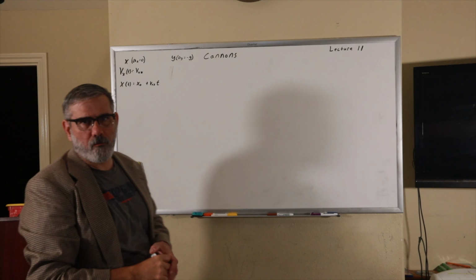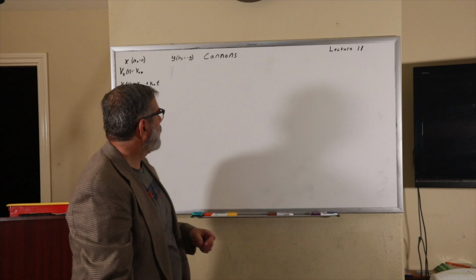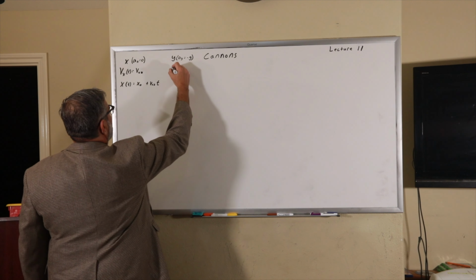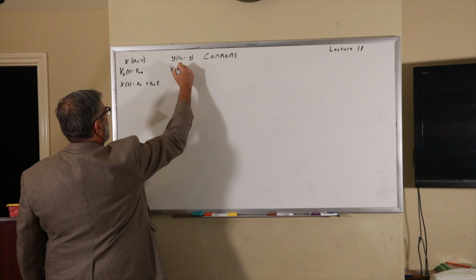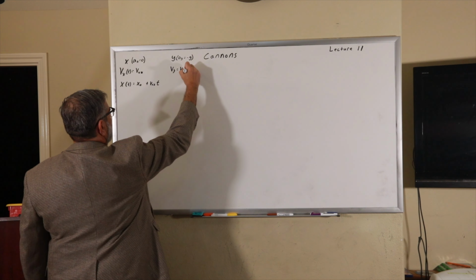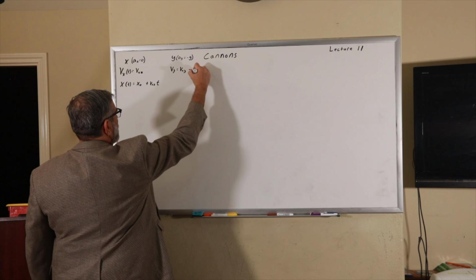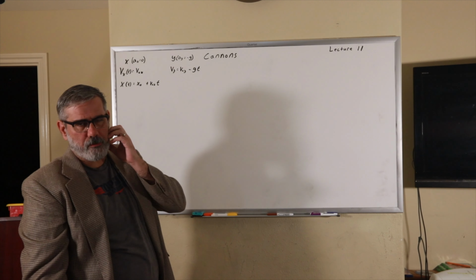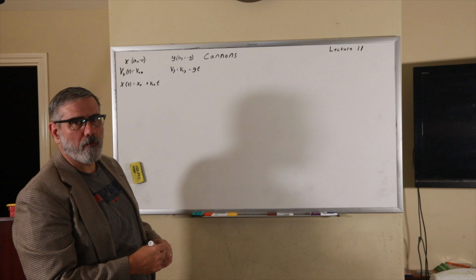Whether you want to use 32 feet per second squared or 10 meters per second squared, we'll use both in different circumstances, but we'll assume that our y-axis is always going up, and so this will always be in the negative direction, and g is one of those 2 constant numbers. Now the velocity in the y direction will be equal to the initial velocity in the y direction minus g times t. So minus whatever component we get from the acceleration. This is just like the 1D problems that we've done before.